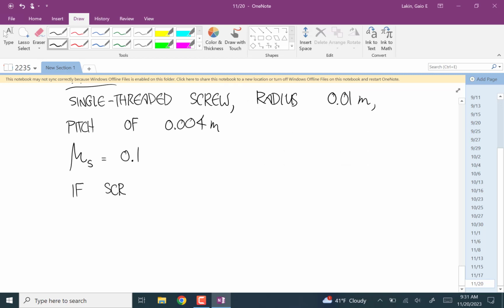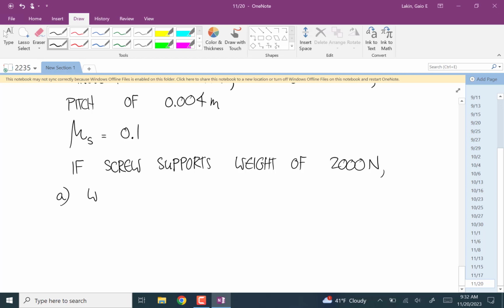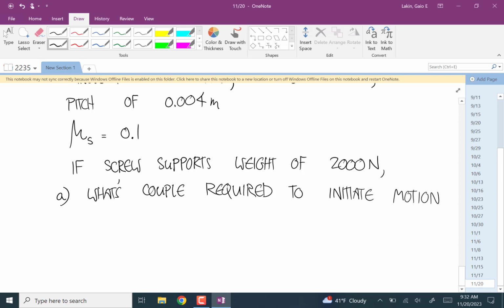If the screw is supporting a weight of 2,000 newtons, first, what's the couple required to initiate motion up?